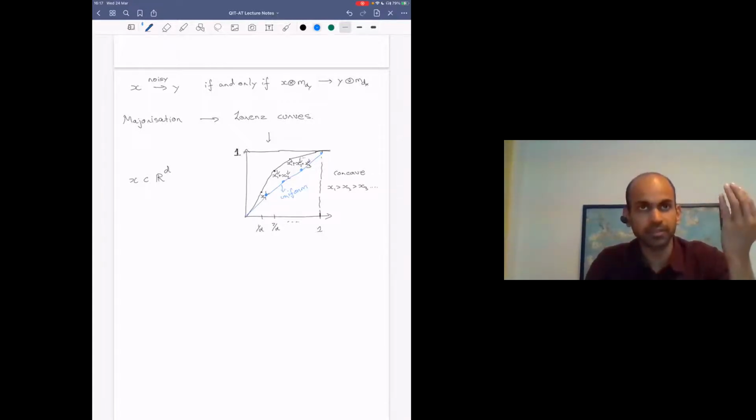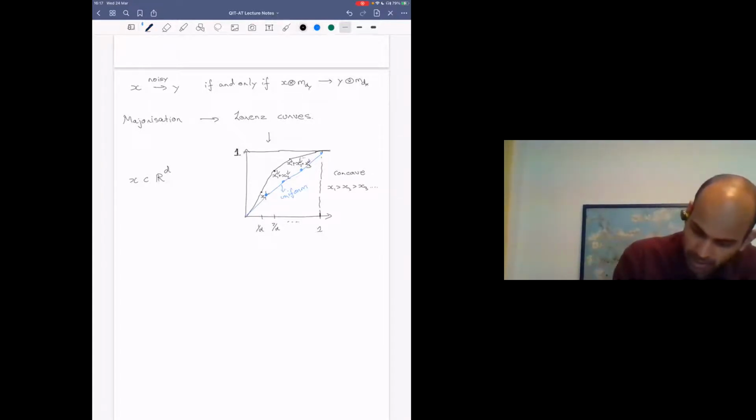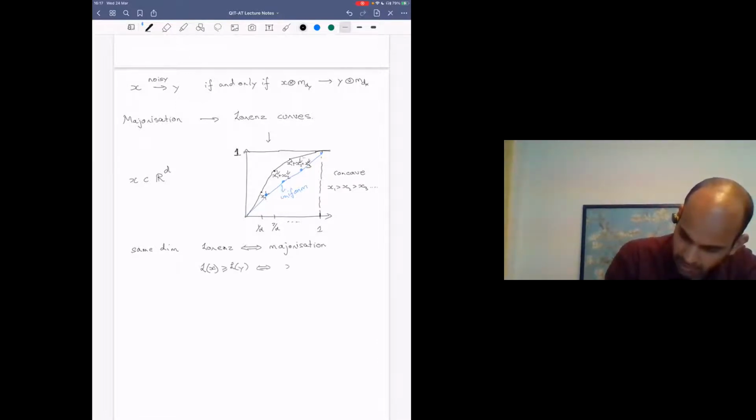And this is a general statement between Lorenz curves and majorization. So for the same dimension, Lorenz curves and majorization are exactly the same, in the sense that if the Lorenz curve of x is greater than that of y, then that's the same as saying that x majorizes y.